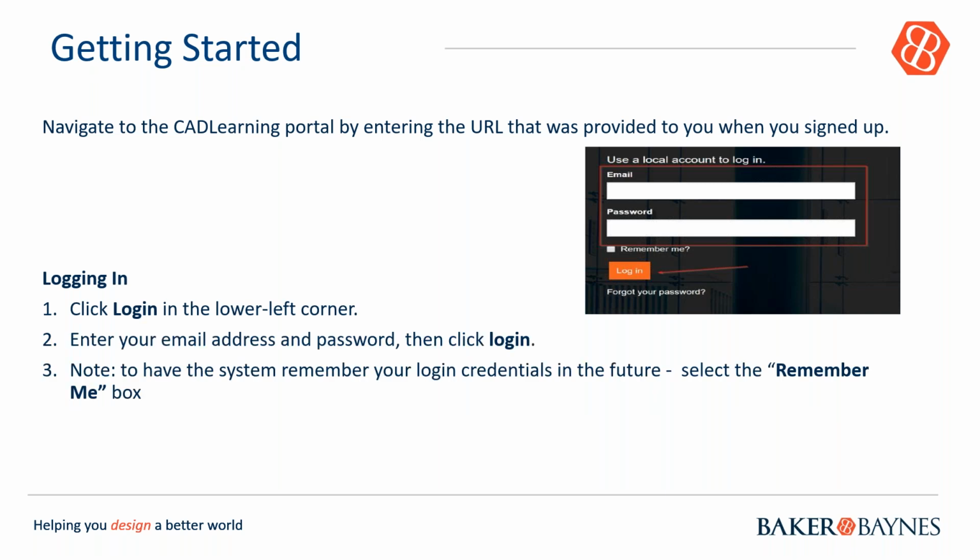Then you enter your email address and password, then click login. If you're a constant user, just tick the remember me checkbox there, and then the system will remember you.